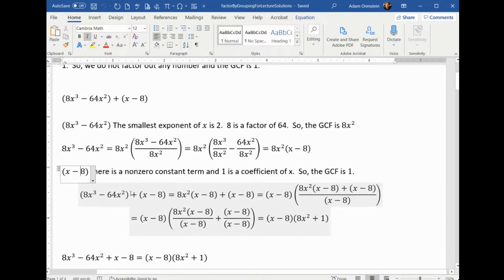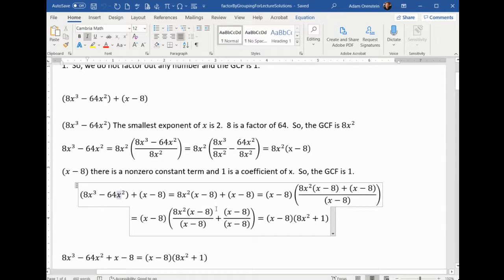Now, we have these two groups from above, right? And now we factored out the first group to get 8x squared times x minus 8. Notice we have x minus 8 and x minus 8 here, right? So we're going to factor that out. We put it in front, but we also have to see what's left over. And so we're dividing.